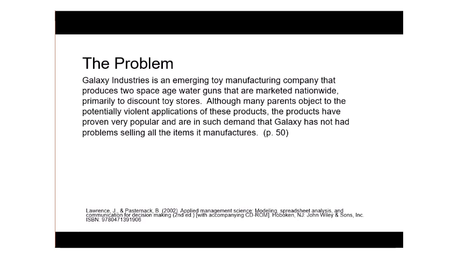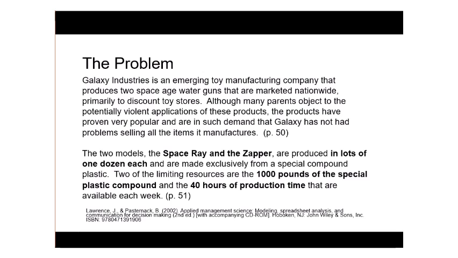After step 1, reading the entire problem, we go to step 2, identifying the knowns. Now, the first paragraph is good information, but not useful for the optimization problem we need to solve. In the second paragraph, we know there are 2 models, the Space Ray and the Zapper. The metric for the lot size is 1 dozen each.